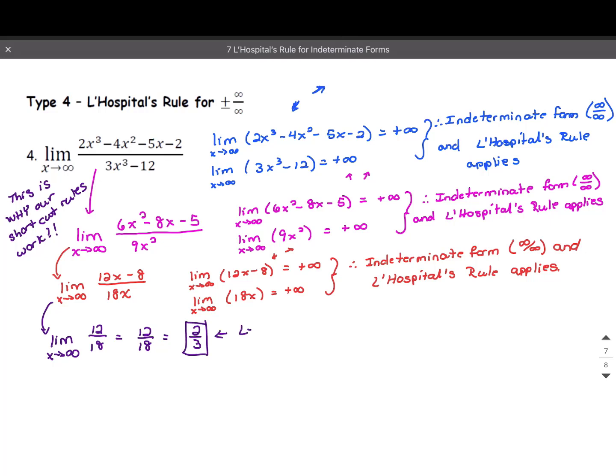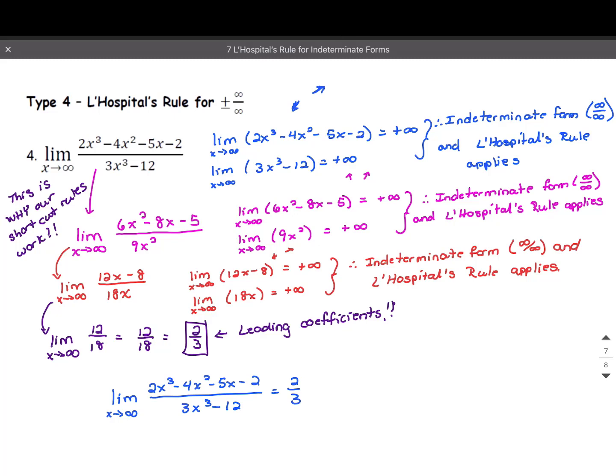Those are the leading coefficients over the leading coefficient that we had originally, that you all wanted to say, oh, I know that limit, I know that limit. And this is why that limit works, because we were allowed to use L'Hopital's rule. So now we know that the limit as x heads to infinity of 2x cubed minus 4x squared minus 5x minus 2 all over 3x cubed minus 12 equals 2/3.